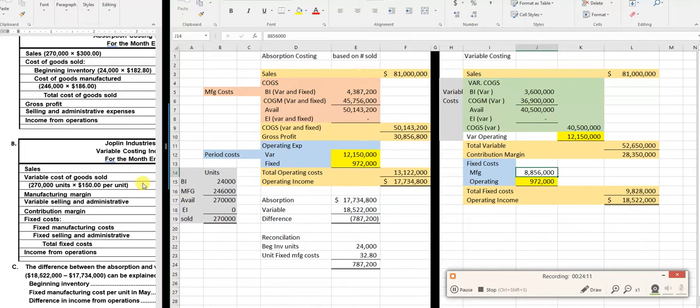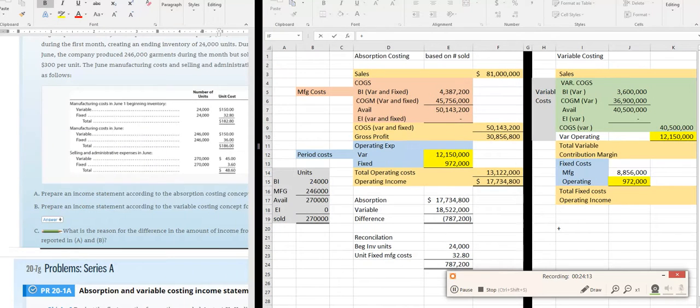go back to the problem. So this one, notice it was the total cost for the period. So in this period, I made 246,000. And they each had a unit cost of $36. So I have the 8,085,600. Okay, so look at that.